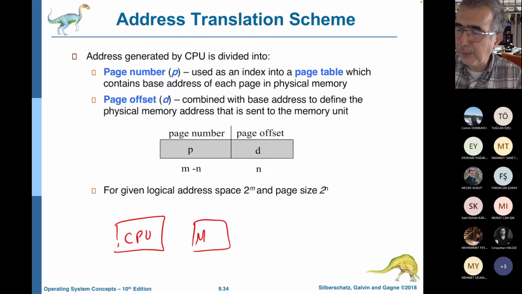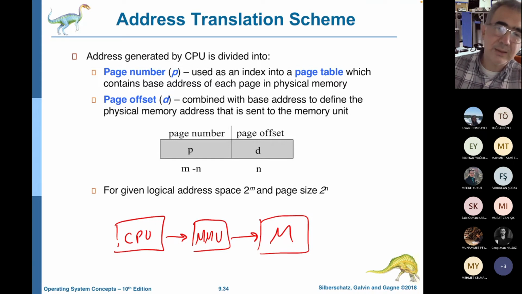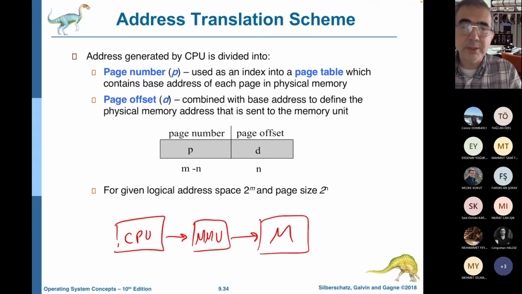CPU, memory management unit, and memory. So the CPU passes the address to read and write. The memory management unit translates the address, because it needs to use the memory efficiently and without giving any information to the application program.